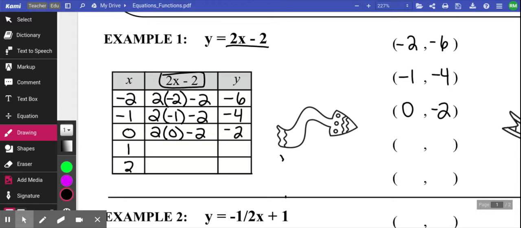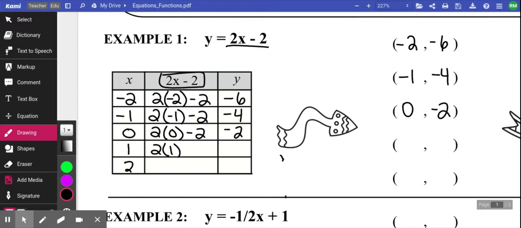Good, plot the points. Go ahead and plot all the points. Need a calculator, use a calculator. This is 2 times 1.